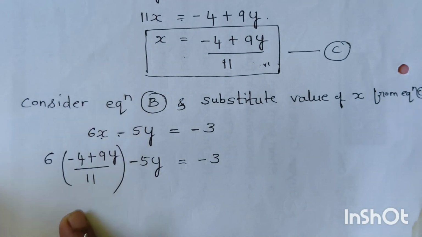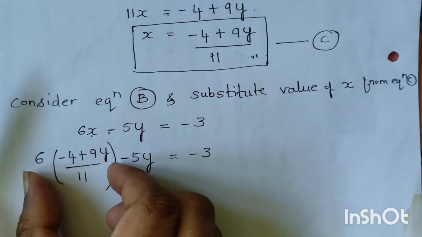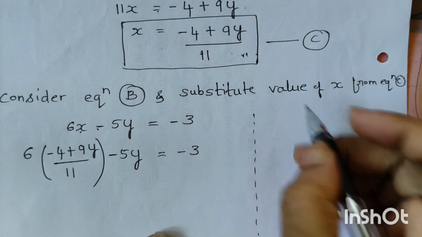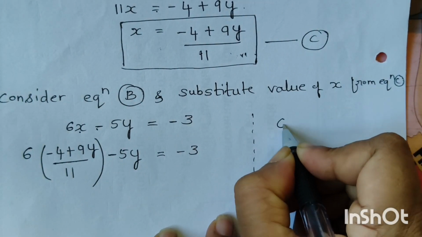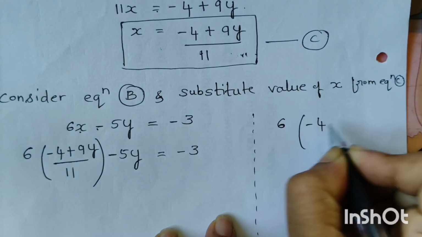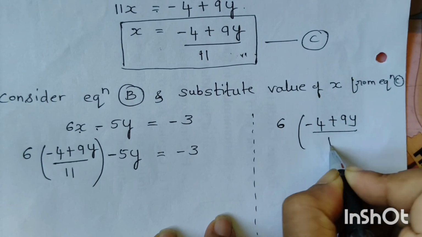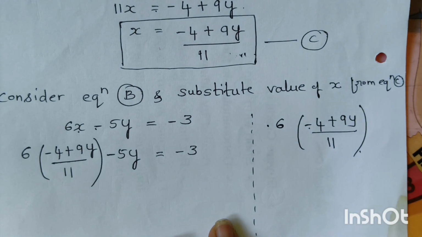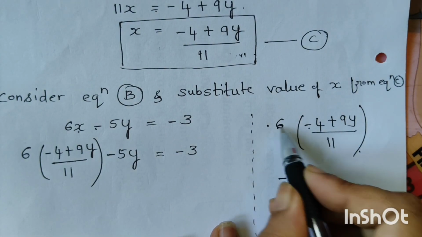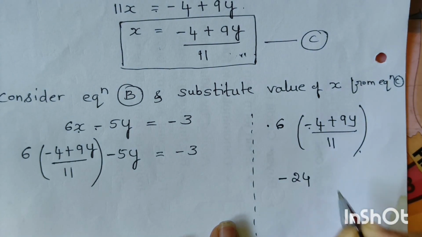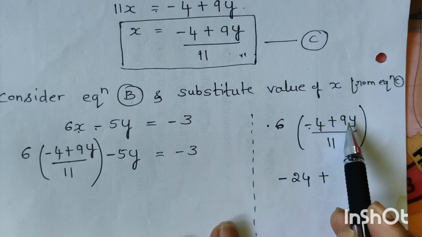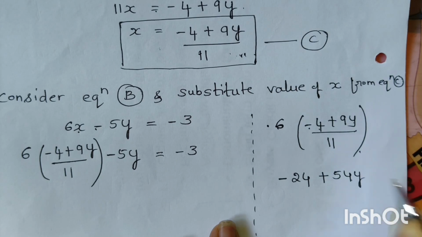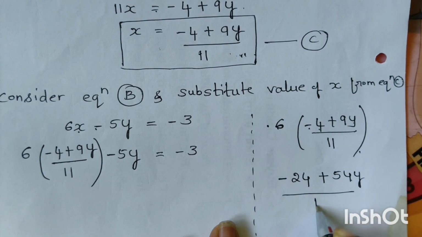Now let us simplify. First let me simplify this one here. 6 into (minus 4 plus 9y) divided by 11. Plus into minus is minus. 6 fours are 24, plus 6 nines are 54 into y, divided by 11.